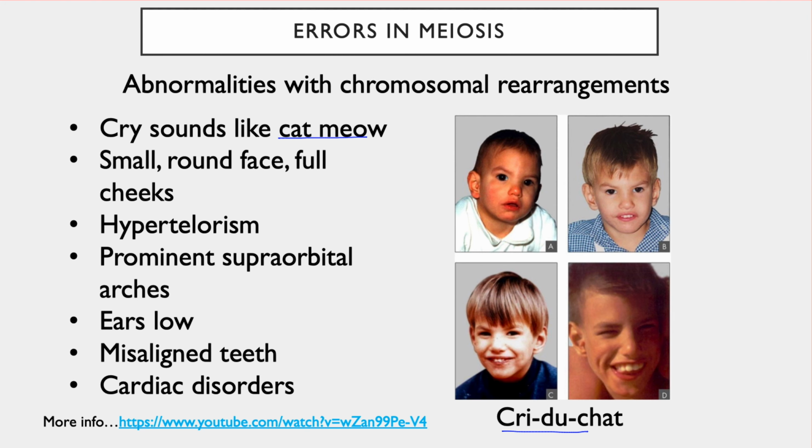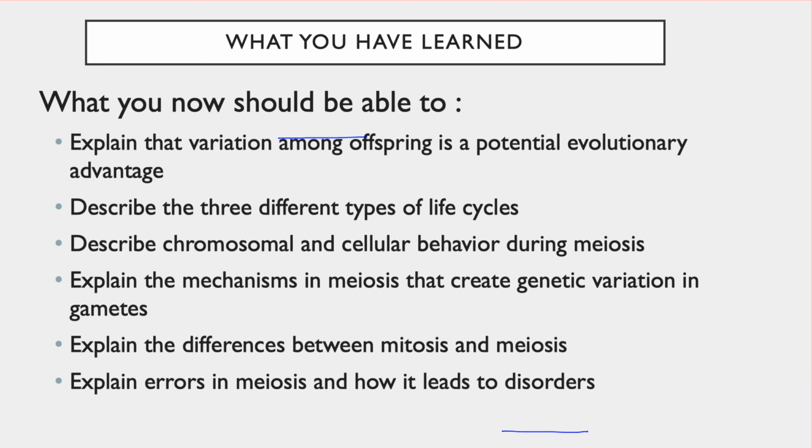So what we should be able to do now is explain variation among offspring and how that makes them advantageous in their population, describe the 3 types of life cycles, describe how cells and chromosomes behave in mitosis and the mechanism of mitosis itself. We can compare mitosis and meiosis, which is very important, and how errors cause disorders. Errors in meiosis cause disorders.